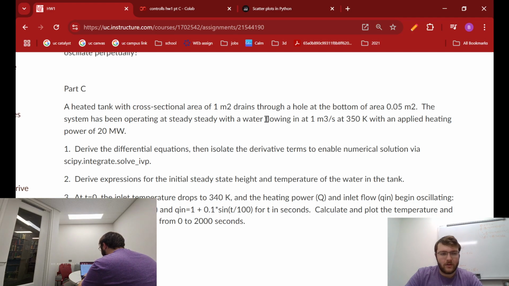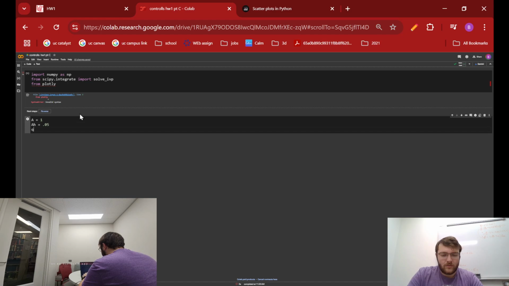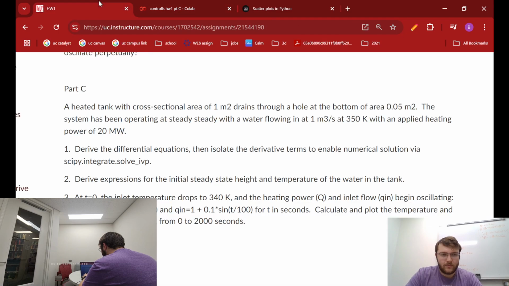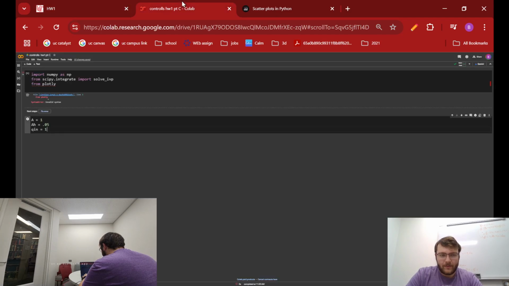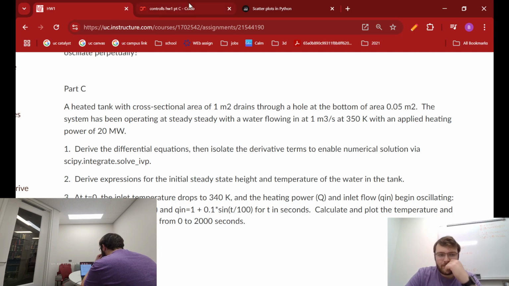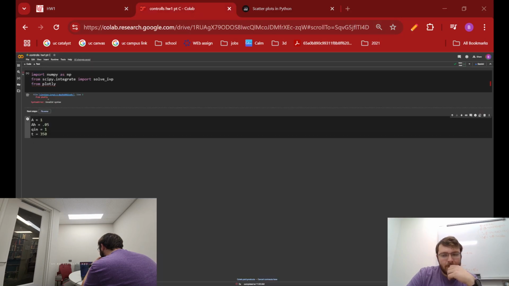Steady state of water at 1. So we know our Qn is going to be equal to 1. Our starting temperature will be 350 Kelvin. And then we have power, which is at 35 megawatt.